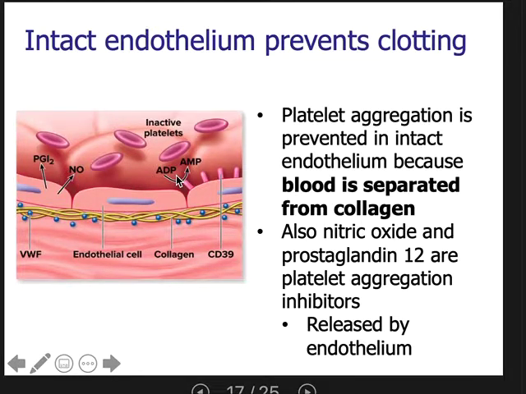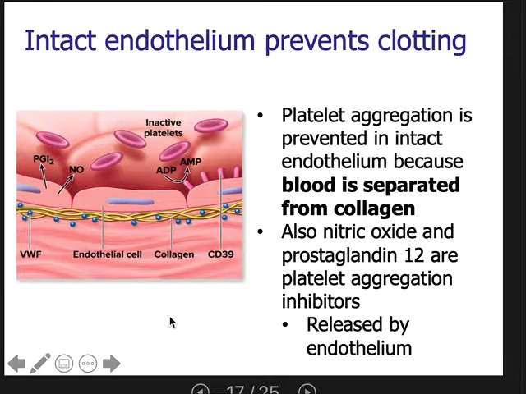When platelets come into contact with collagen, it will start the process of clotting. In addition, nitric oxide and prostaglandin I2 are being slowly and constantly released by your endothelium cells, and those also inhibit your platelets from activating.